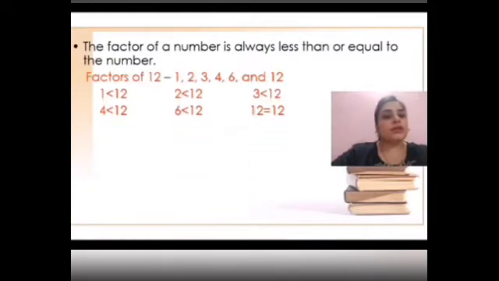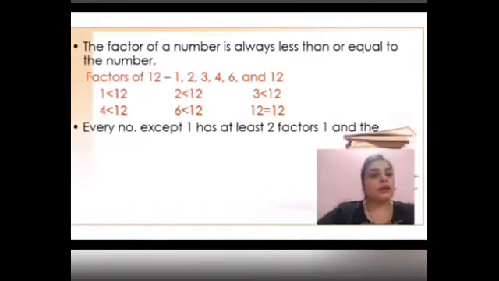Here you can see that 1, 2, 3, 4, 6 are all less than 12, and 12 is equal to 12. So we can say that the factor of a number is always less than or equal to the number.